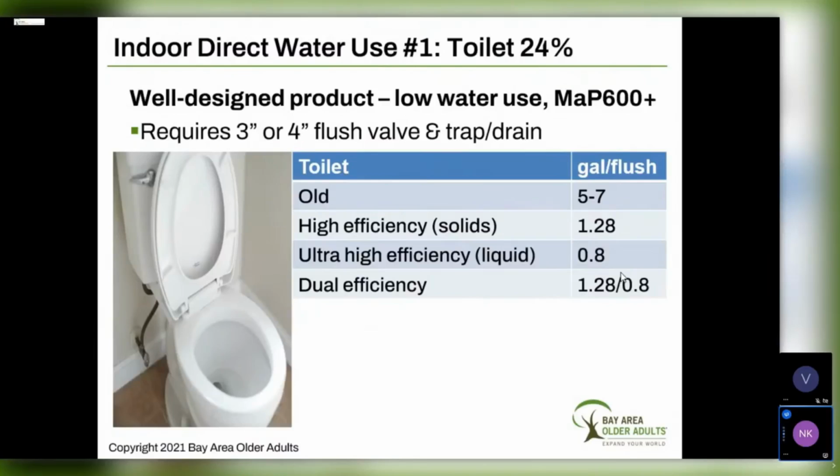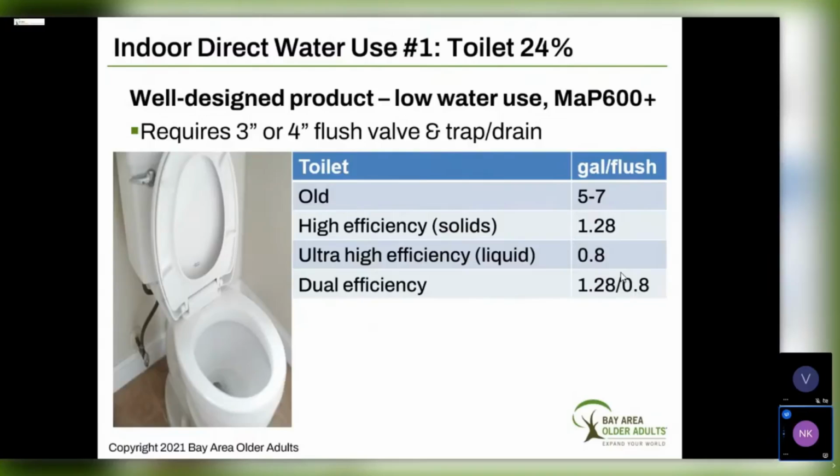What you really want is a low water use toilet that performs well, right? Toilets are tested by a third party and get a MAP or maximum performance rating based on their ability to clear solids. When you are purchasing a toilet, you can look up the MAP rating.